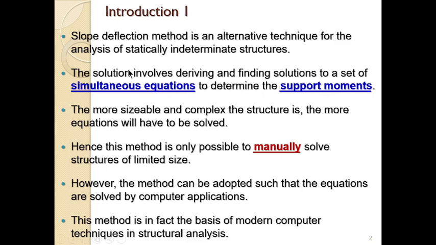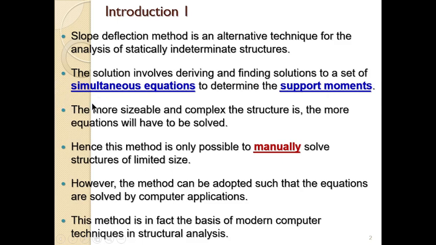The slope deflection method is an alternative technique for the analysis of statically indeterminate structures. The solution involves deriving and finding the solution to a set of simultaneous equations. Once you've derived a set of simultaneous equations and solve them, you are able to find the support moment. And so when you find the support moment, you are done.